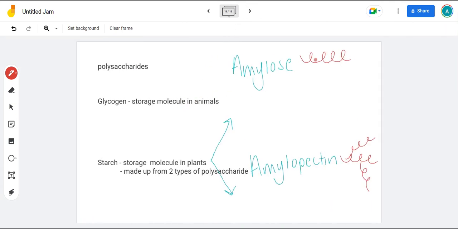What this really is, is a chain of glucose molecules like we drew before, but twisted, spiraled up into a helix shape. It does not have any branches, no branches.